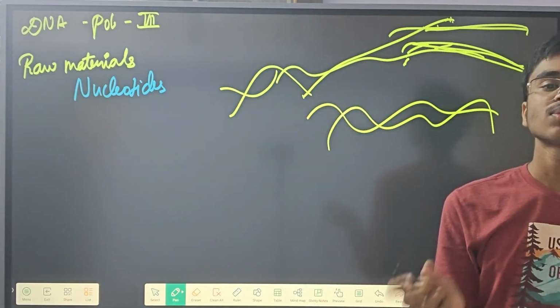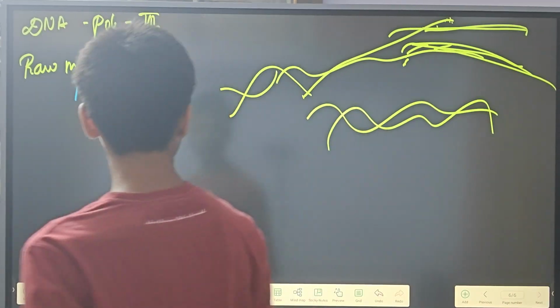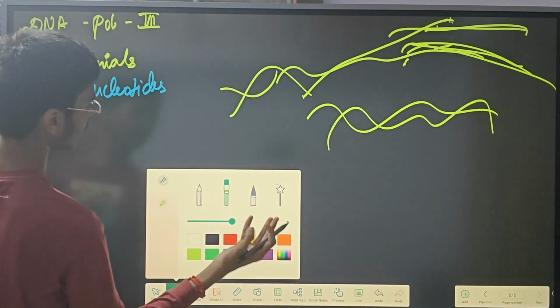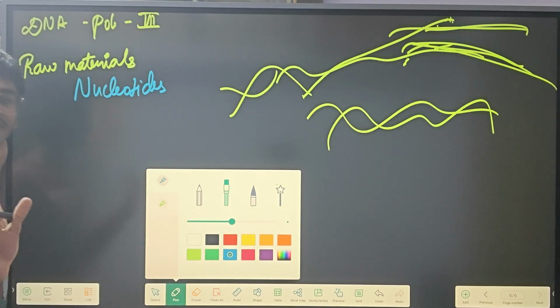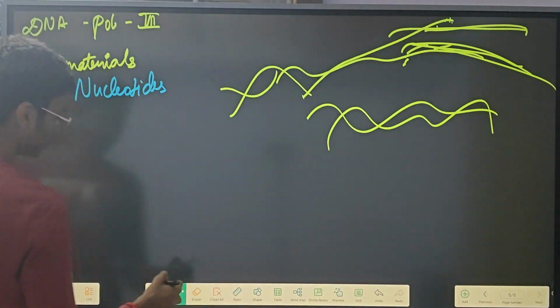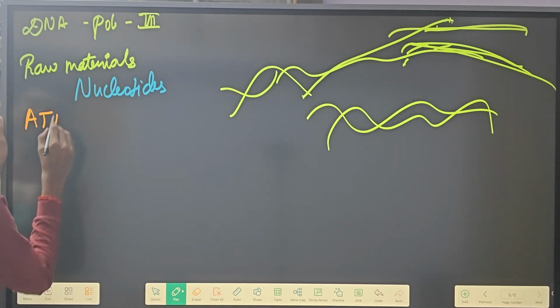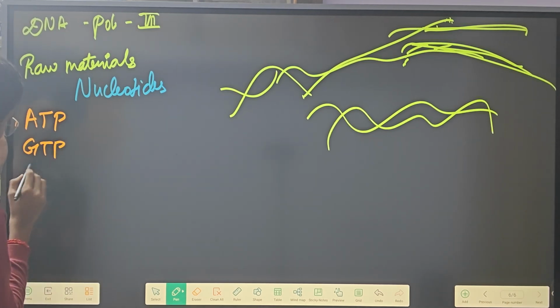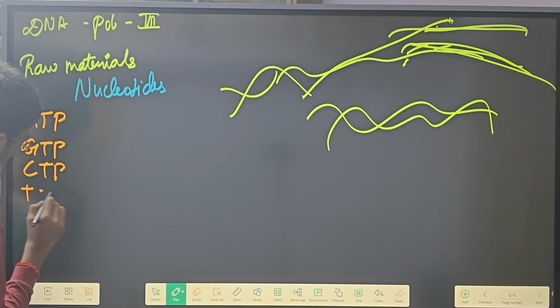For that, we'll be using TPs, in the sense ATP, GTP, like that we have all those TPs, right? ATP will be used, GTP will be used, CTP will be used, TTP also will be used.